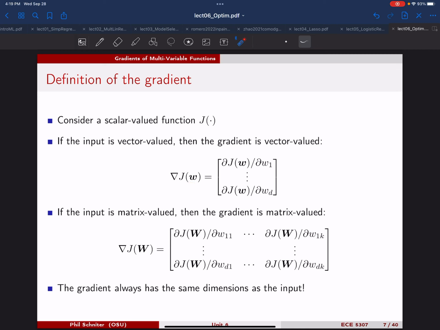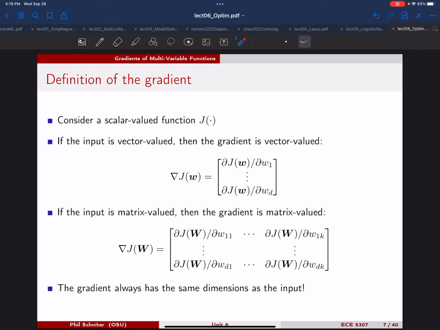We can also do this with matrices. Remember that for multinomial logistic regression, the parameters we're optimizing are in the structure of a matrix. So we can take the gradient with respect to a matrix, and what we get is a matrix of the same shape as our original matrix.